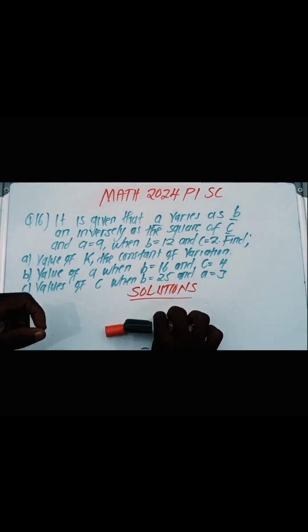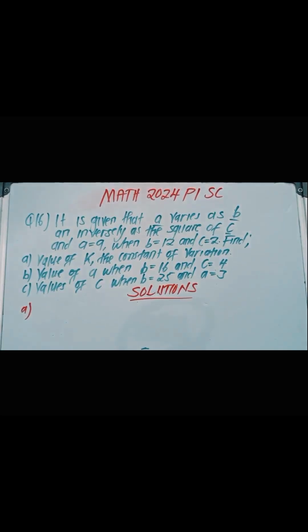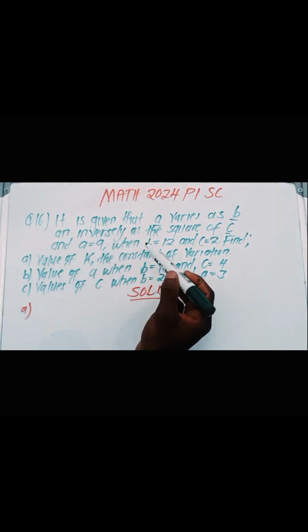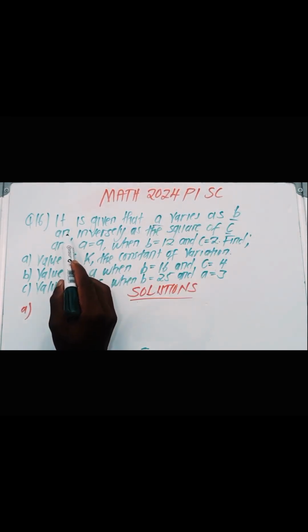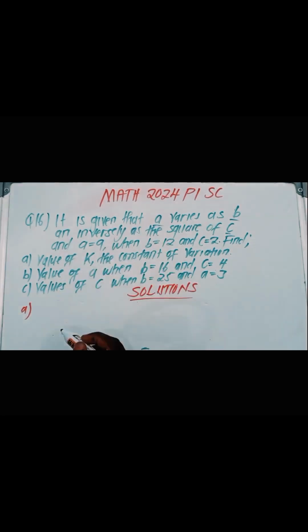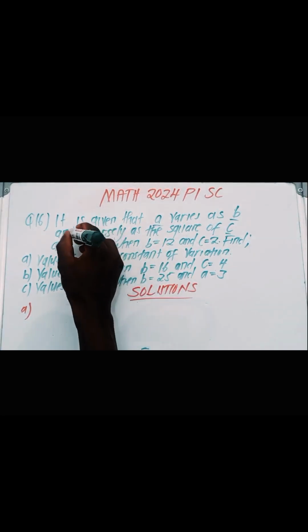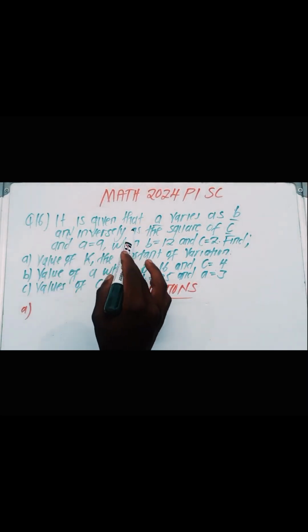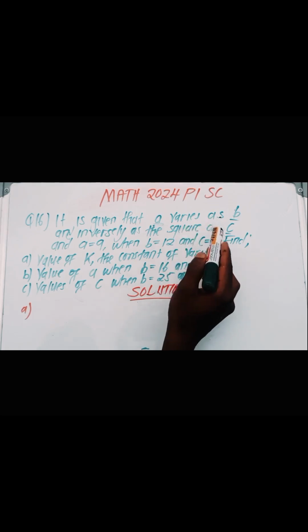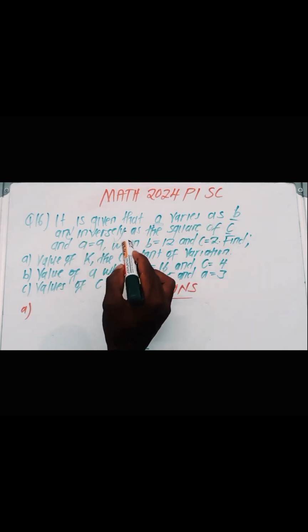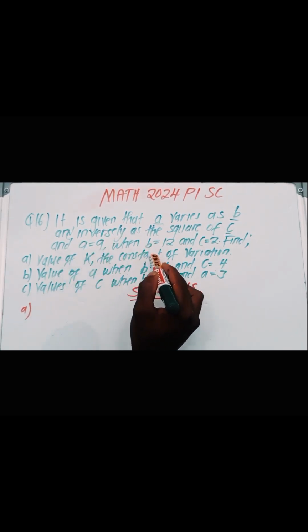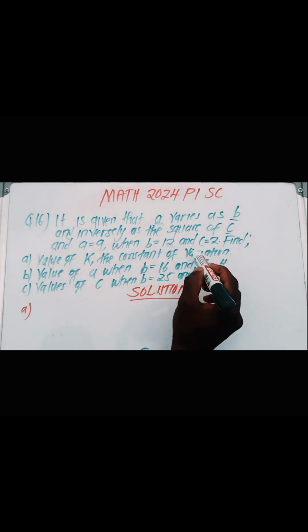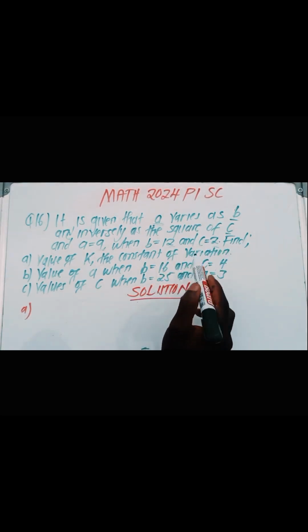All right, so let's go direct to our question. Our question reads: it is given that A varies as B and inversely as the square of C, and A is equal to 9 when B is equal to 12 and C is equal to 2.